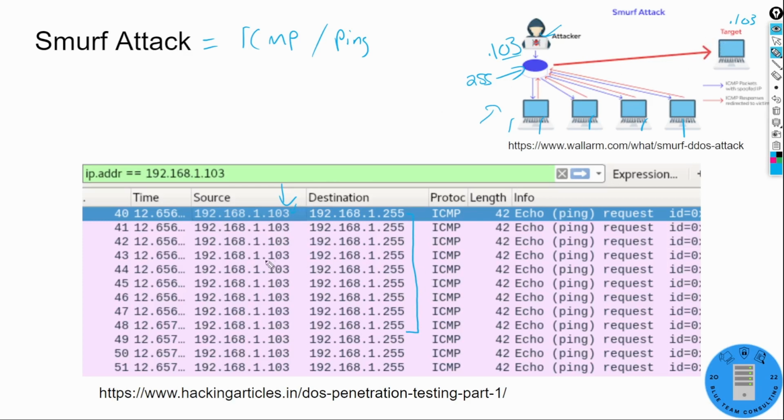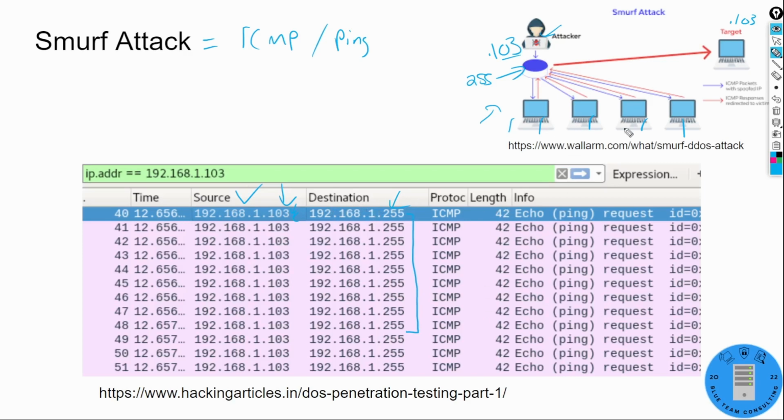So what it looks like over the wire, again, notice the timestamps, crazy fast packets going, all from a spoofed source IP by the attacker. So this is the victim's IP address, all sent to the broadcast IP address of that network, and the ping requests are going out.